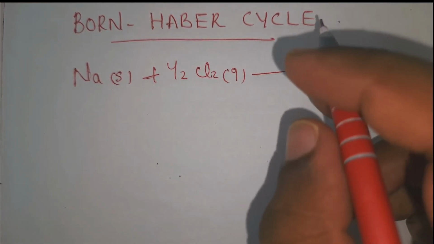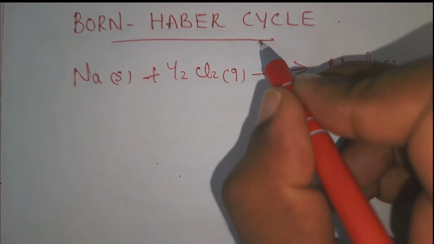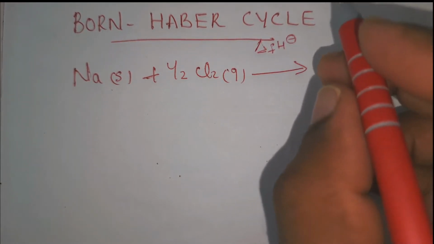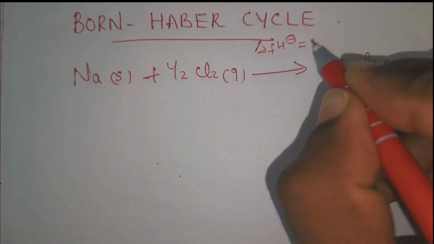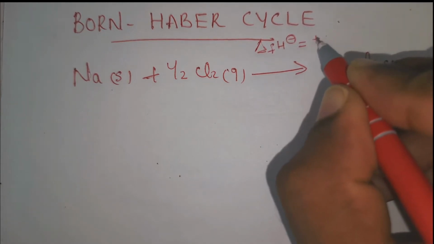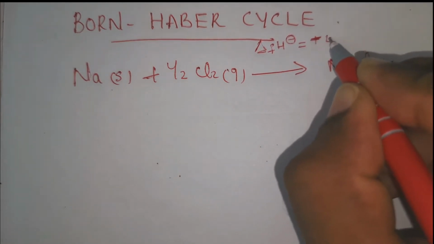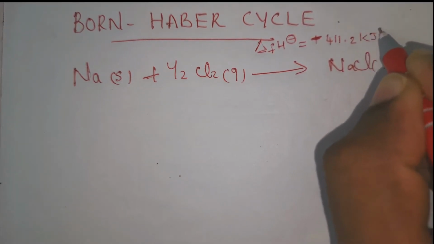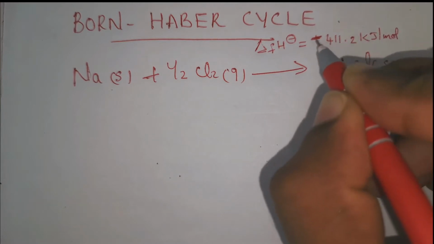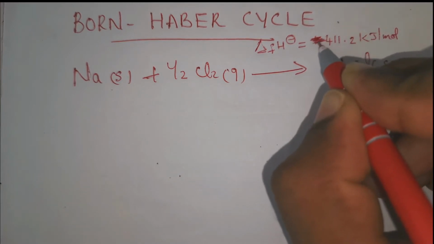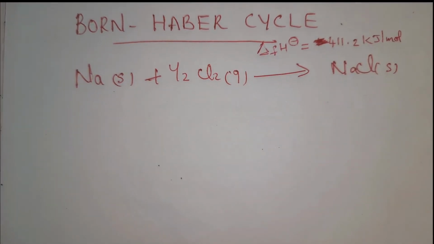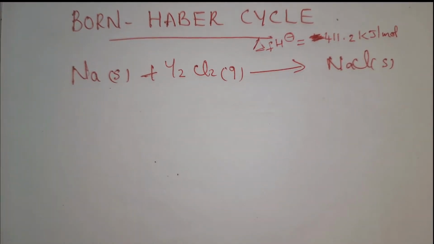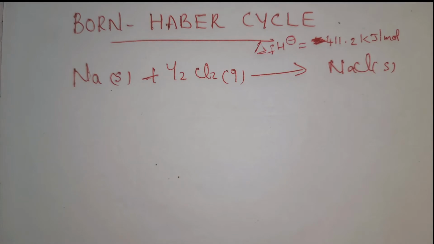So here you need the enthalpy of formation, and that value is given as minus 411.2 kilojoules per mole. This is the normal equation, that is Na in solid state plus half Cl2 in gaseous state gives NaCl.